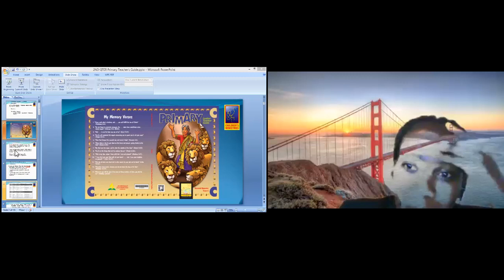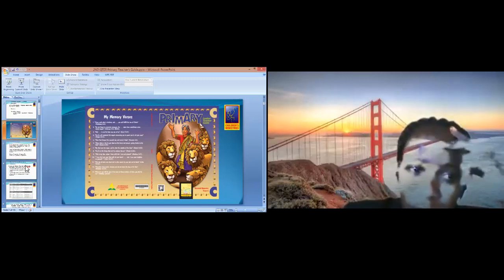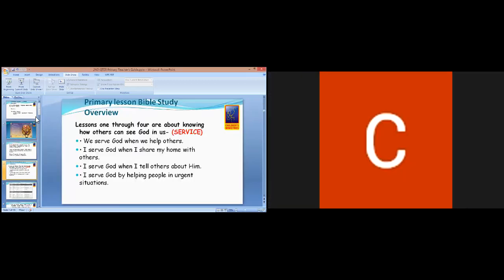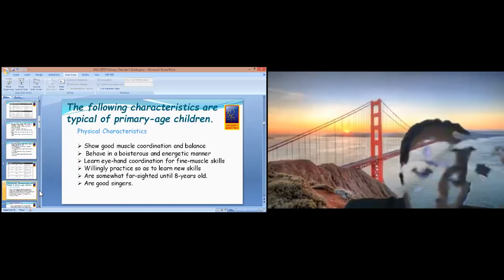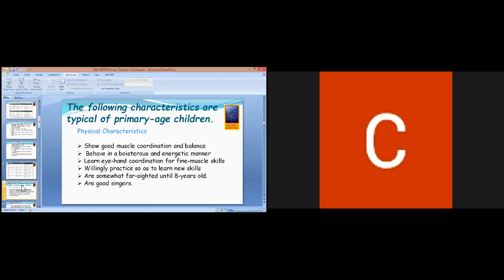And you can see the first page. How about if I scroll through? Yes, maybe you could do that. Yes. Okay. You can take us to the page where you are now.